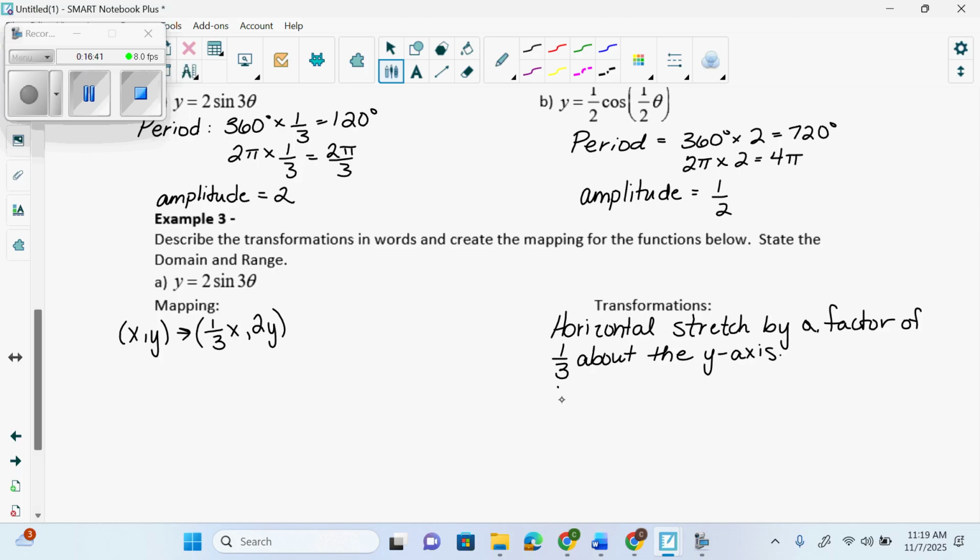And then a vertical stretch by a factor of 2 about the x-axis.